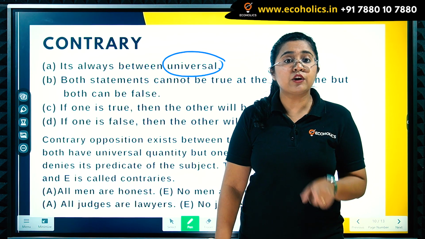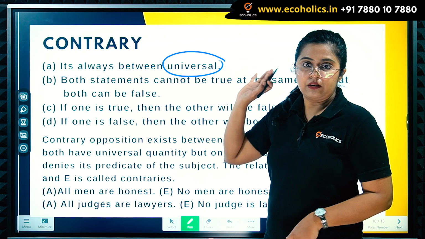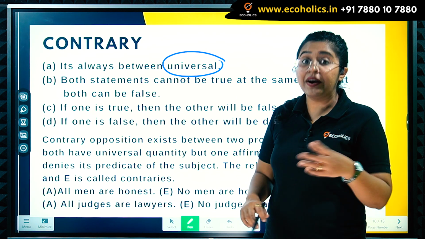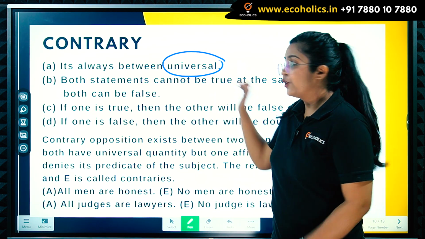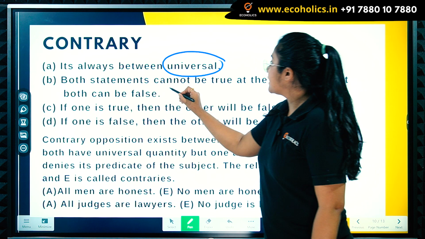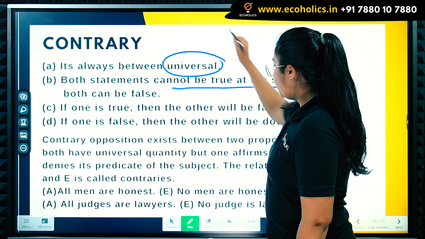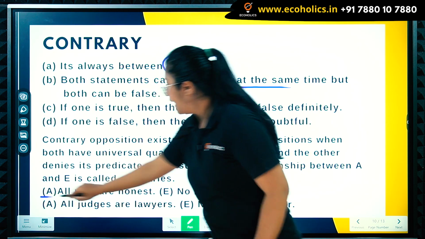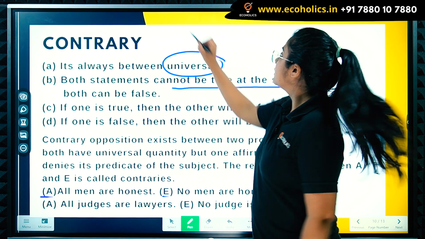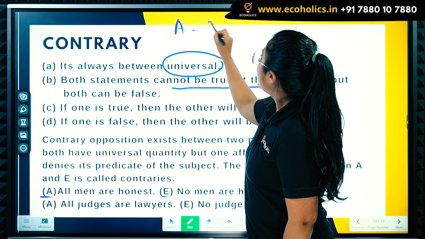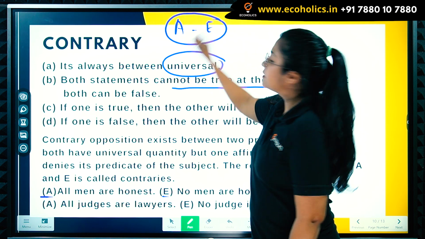The quantity that we are talking about is universal. So both statements cannot be true at the same time. We are talking from the point of view of A type and E type of sentences.